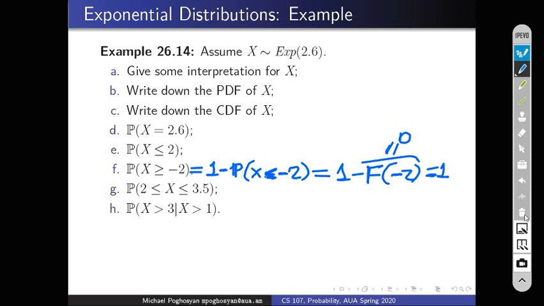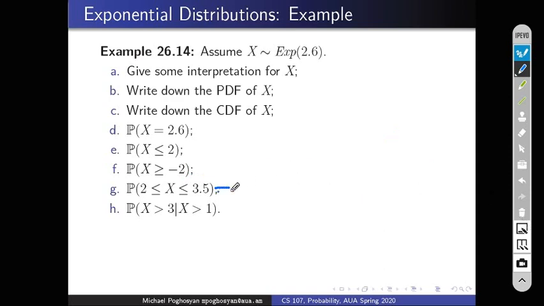Exactly. Okay. The probability that X is between 2 and 3.5. This is the value of the CDF at 3.5 minus the value of the CDF at 2. Of course, you can calculate by integrating the PDF from 2 to 3.5, but in this case, because we have a nice formula for the CDF, I'm using this.